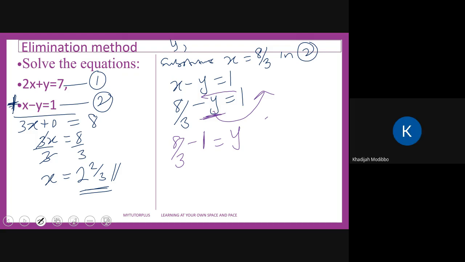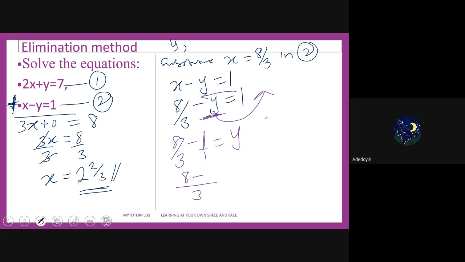Yes. Then we can now find the LCM and get our result from this one. What will be my LCM for this left-hand side? 3. How many 3 can I get in 3? 1. 1 times 8 will give us 8, minus how many 1 can I get in 3? 3.